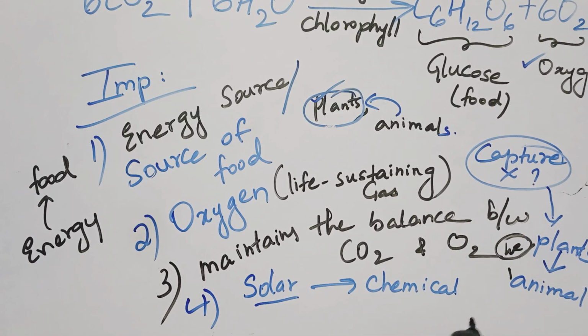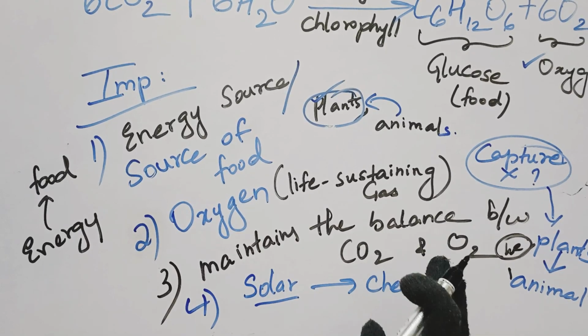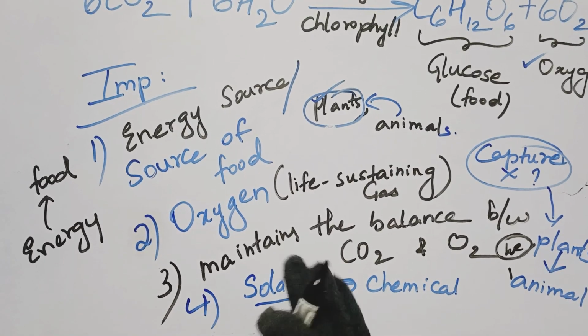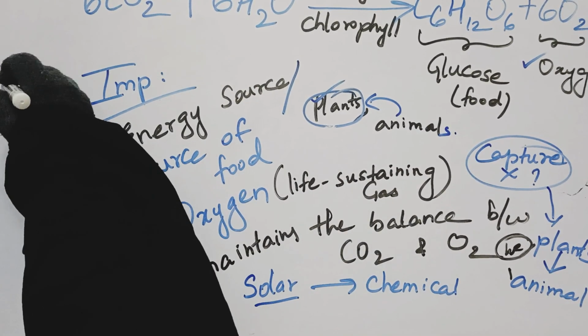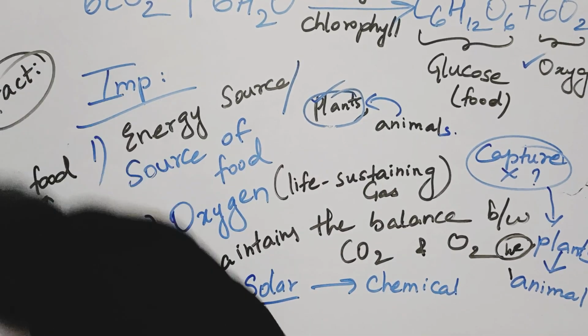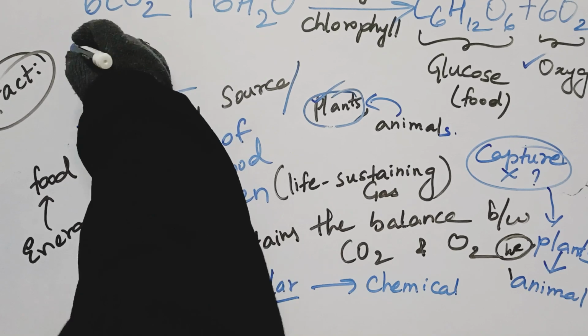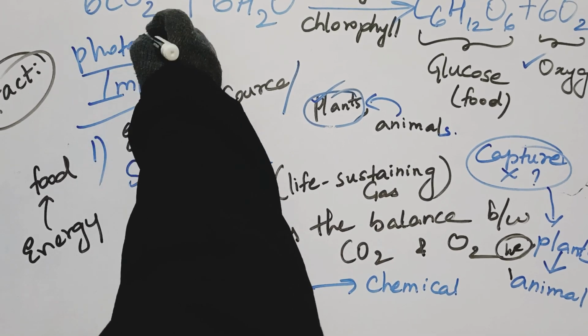So ultimately, as we can't absorb solar energy directly, photosynthesis is helping us to get this energy. Is this clear, children? Okay. So what is the fact? Ultimately, what is the fact? The fact is every one of us is ultimately dependent upon photosynthesis. Is this point clear, children?